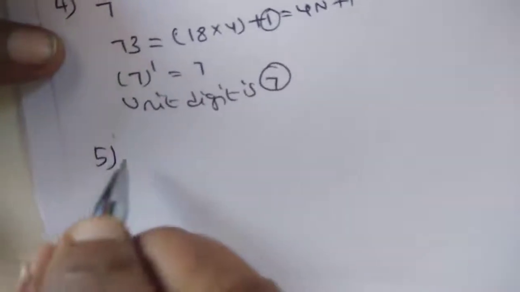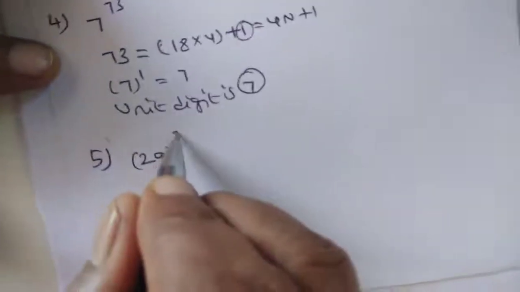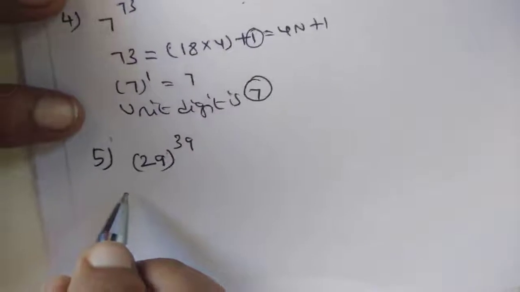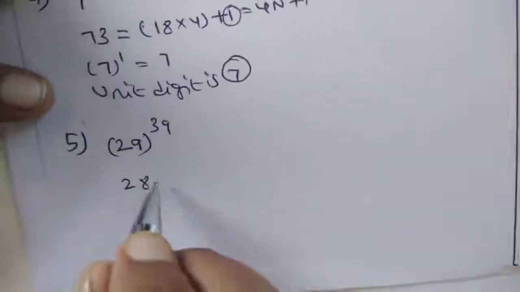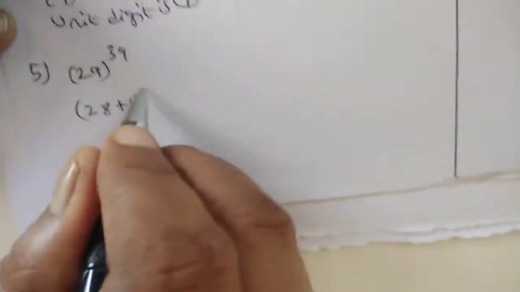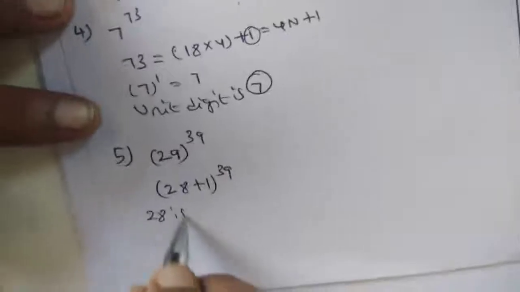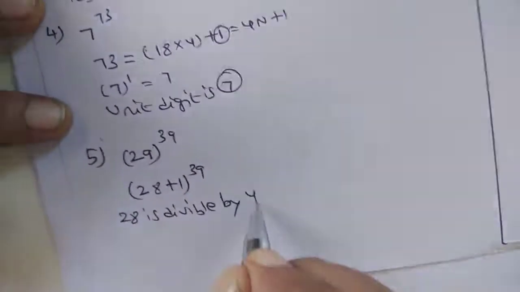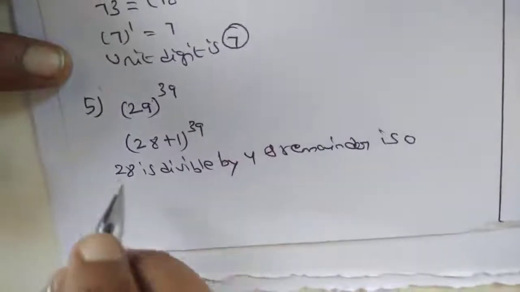So fifth problem, you see, 29 to the power 39. So what will be the last digit? Here you can also write it as 28 plus 1 to the power 39. Here you see 28 is divisible by 4 and the remainder will be 0.